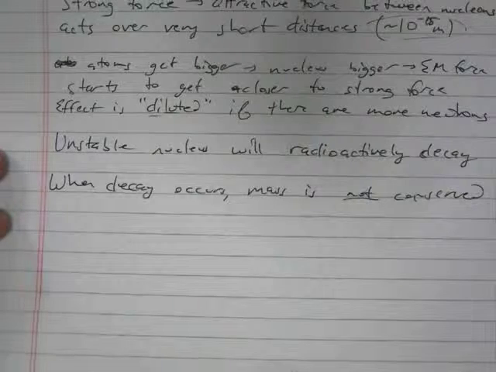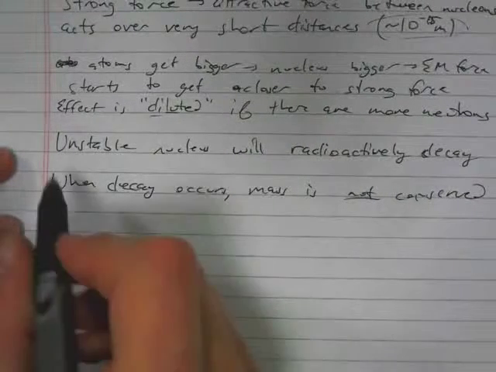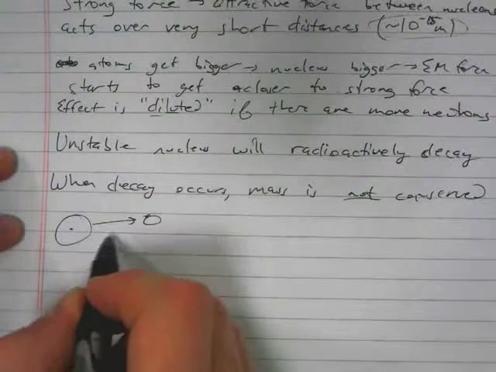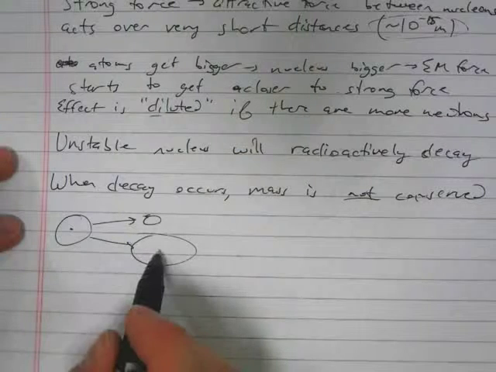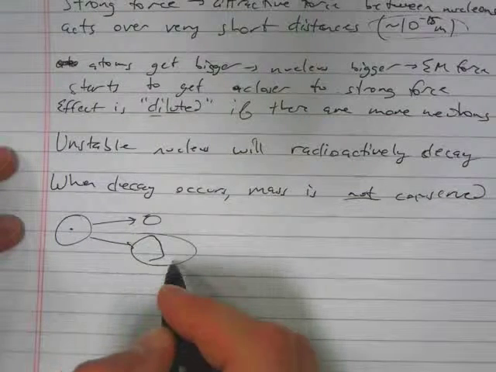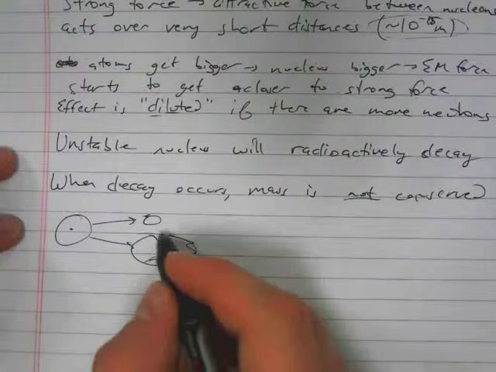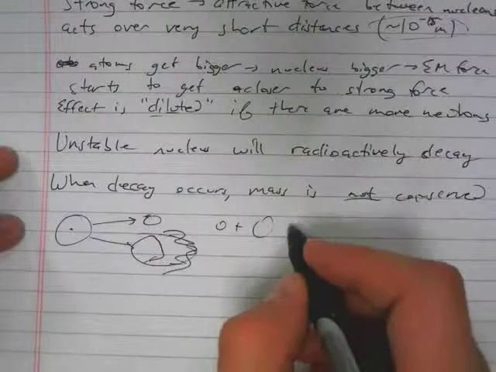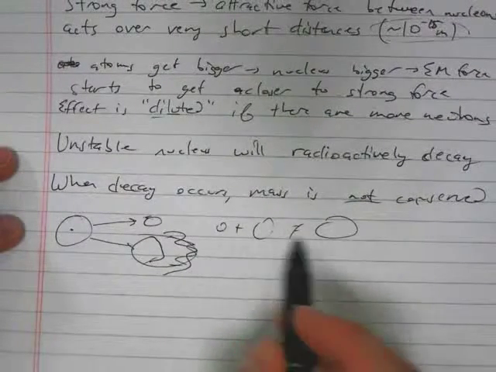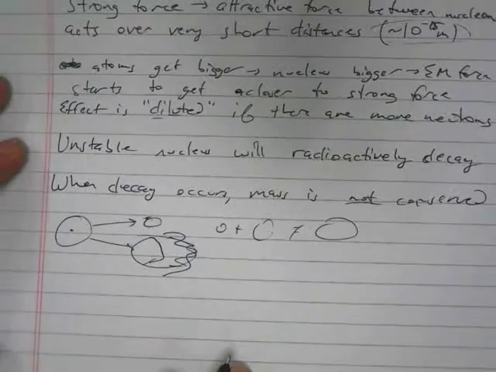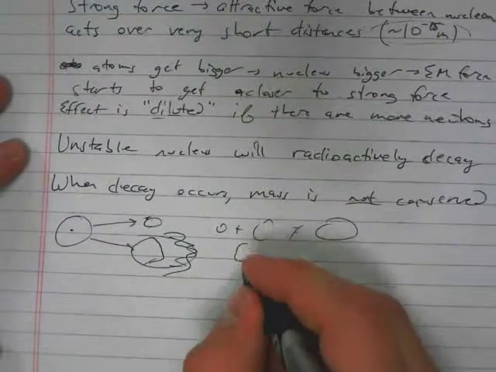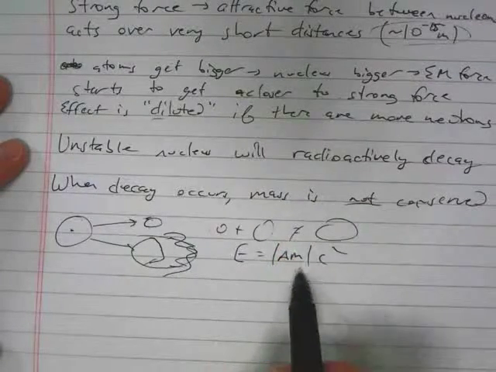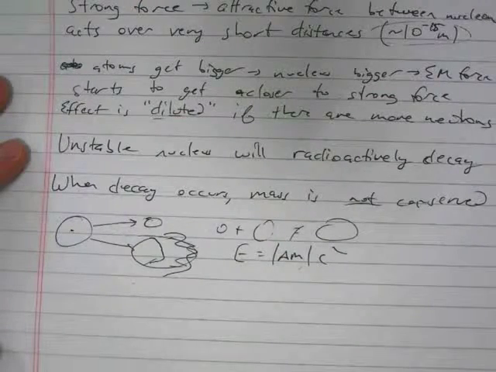So you have some mass in your nucleus, and then some form of radiation occurs, and then you have a somewhat smaller nucleus. Anyway, the mass of these two does not equal the original. There is some mass that is converted into energy, according to Einstein's equation. However much mass is lost is converted into energy.